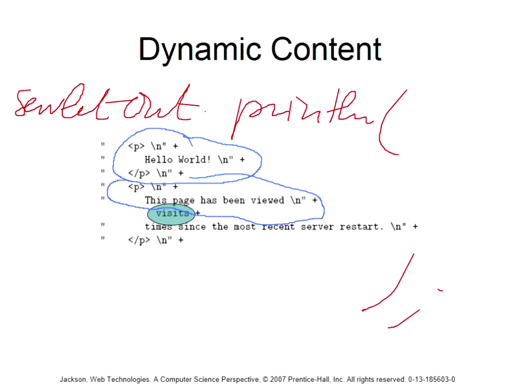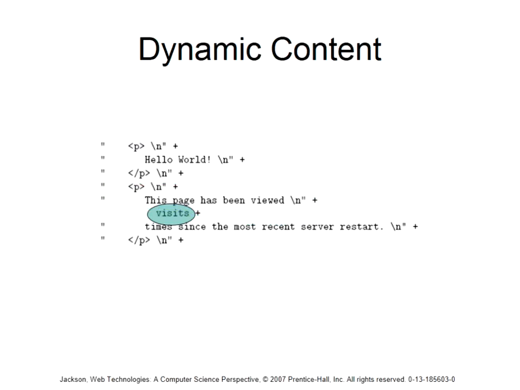What's the meaning of plus visits? Yes, it is a concatenation, not an increment by one. It is a concatenation. That means in the response, all this will be displayed.